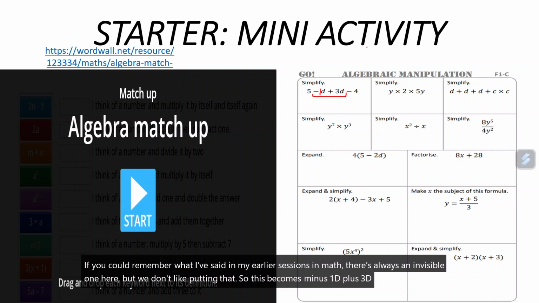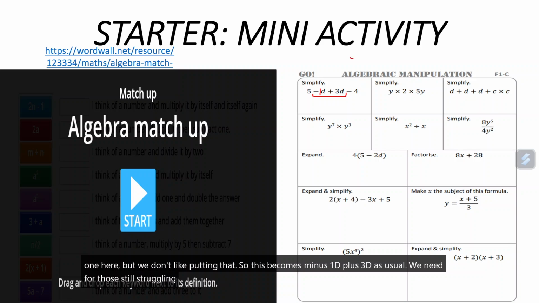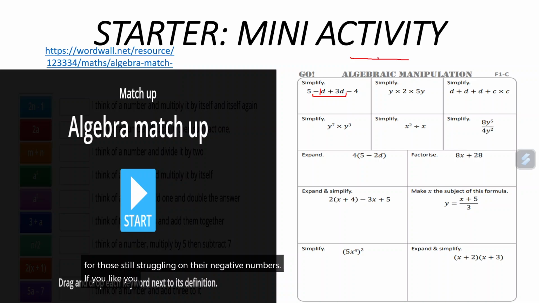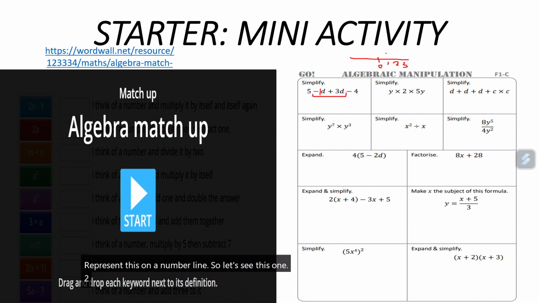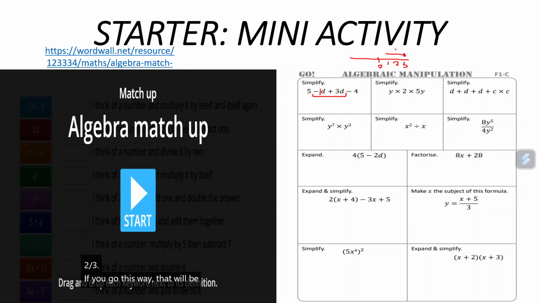For those still struggling with negative numbers, if you like, you can represent this on a number line. So 1, 2, 3. If you go this way, that will be positive, and if you go this way, that will be negative.